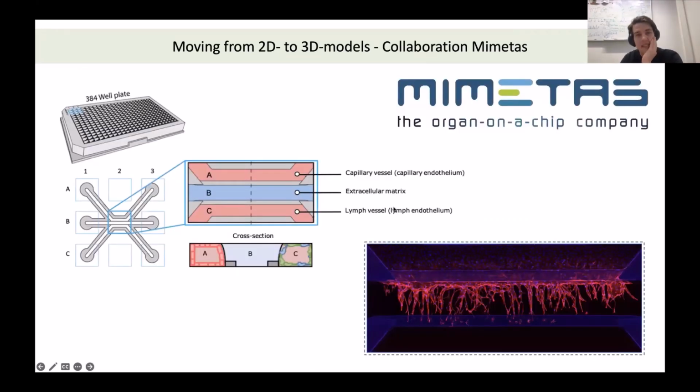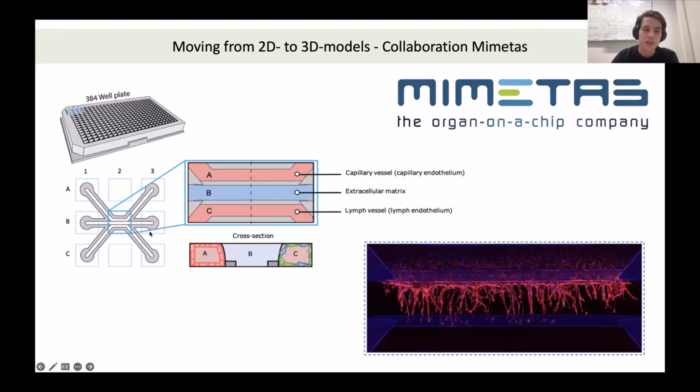And then we move from 2D to 3D in a collaboration with Mimetas, which is an organ-on-a-chip company. They have individually addressable chips, they call them. This is a 384 well plate, and within 9 wells of a plate, there's 1 chip.